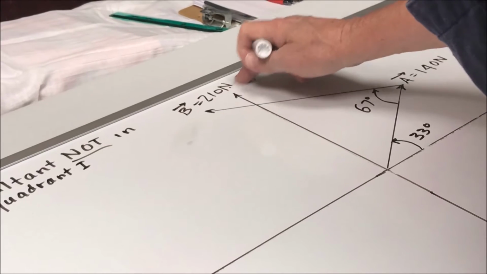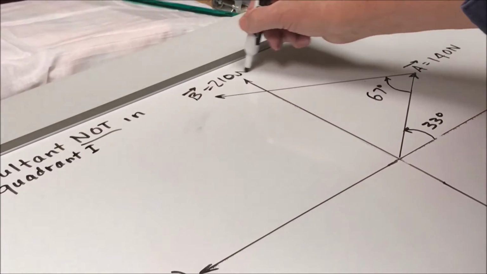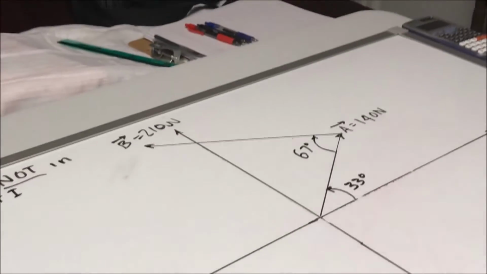So I'm going to erase that positive y right there so we can see it better. 210 newtons of vector B.